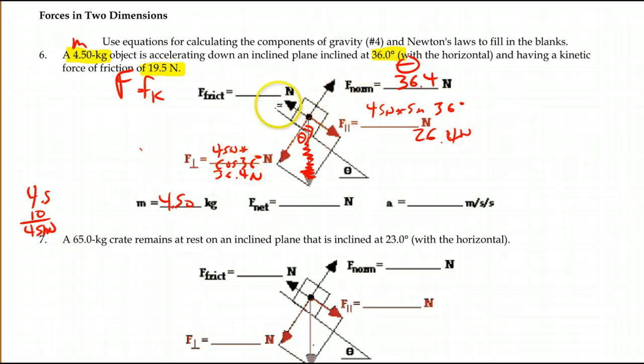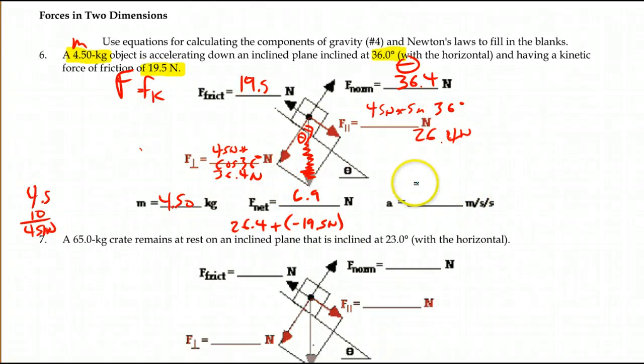And then we want an acceleration in this case. So we know that the frictional force is 19.5 newtons. To find the net force, we're going to take 26.4 and add to that a negative 19.5 since they're in opposite directions. 26.4 minus 19.5, we're at 6.9, just about 7 newtons.